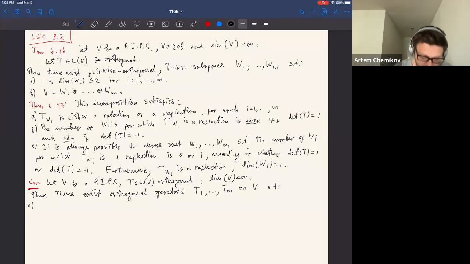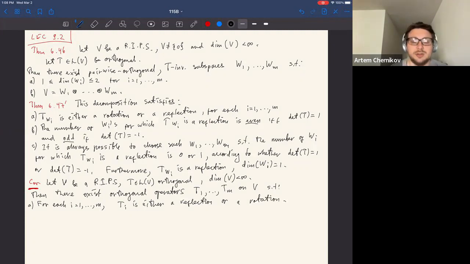Part A: for each i from 1 to m, the linear operator Ti is either a reflection or a rotation. So each of the Ti's is one of these two.